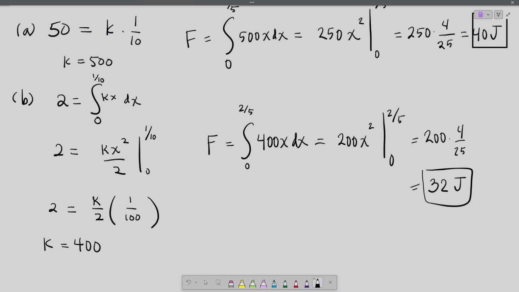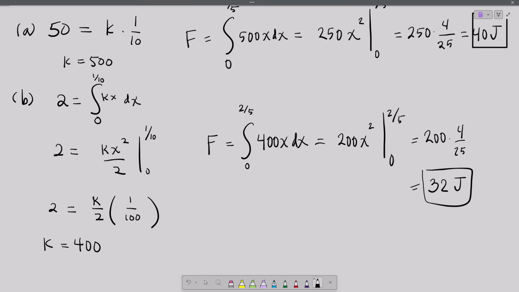So that's how the springs work. So Hooke's law, linear function. Anytime you integrate linear, you get quadratic. So that sort of does the symmetry thing for us. So on a test, if it says compress or stretch, it doesn't really matter.